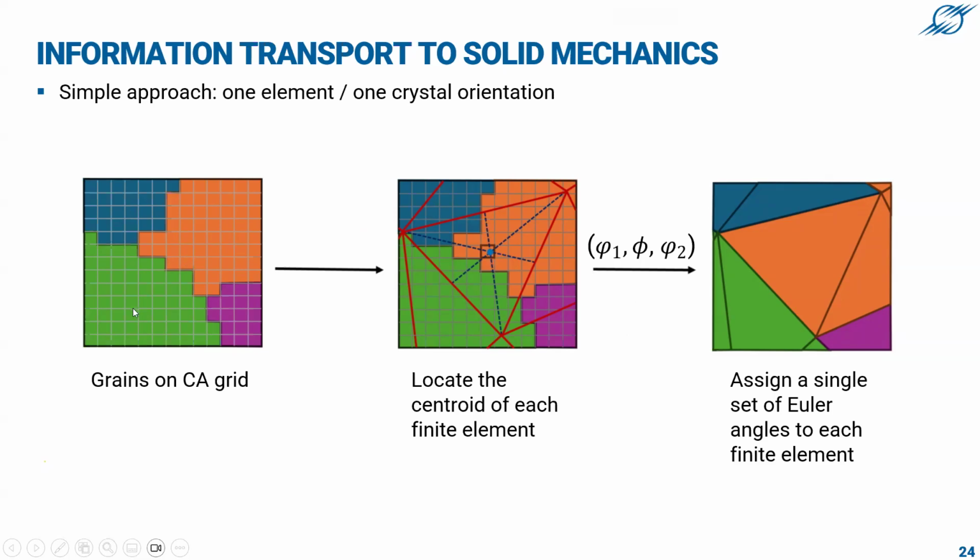We have grains predicted on the cellular automata grid, and we have finite elements here in red, and at the center of each finite element, we take the orientation of the grain as predicted by the CA. This is, of course, in the form of a set of 3 Euler angles, and each element is colored by this crystal orientation. So a very simple scheme.